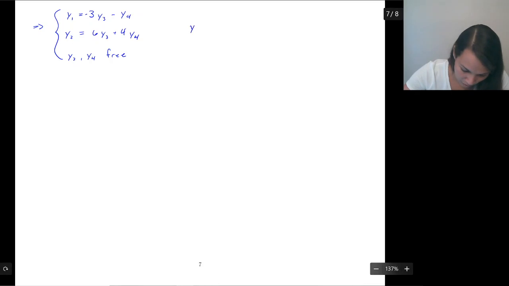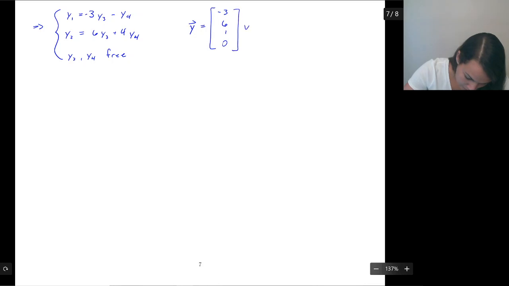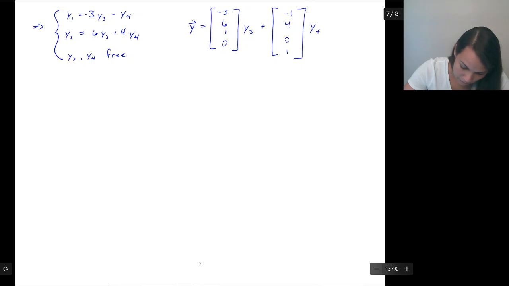So then our y vector is going to be anything that looks like, let's see, (-3, 6, 1, 0) times y3 plus (-1, 4, 0, 1) y4.